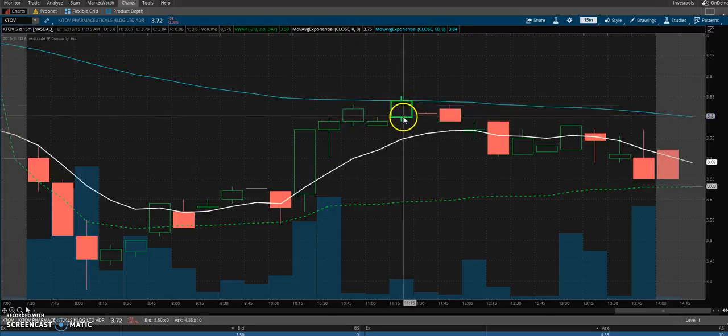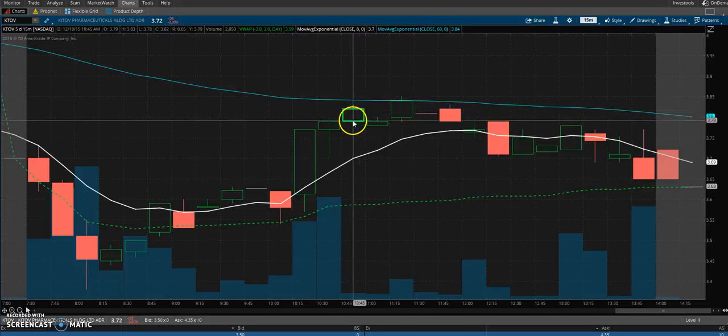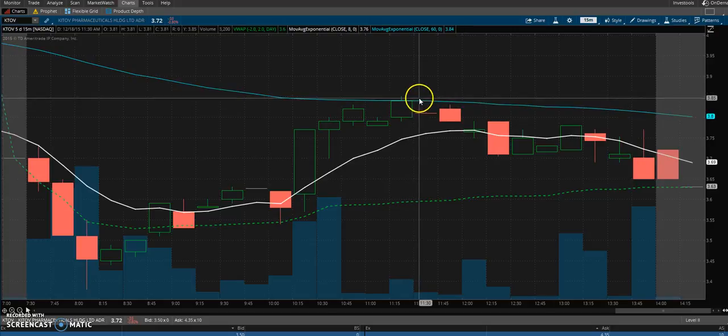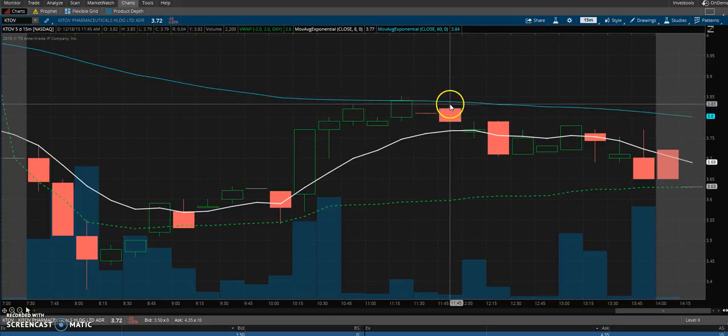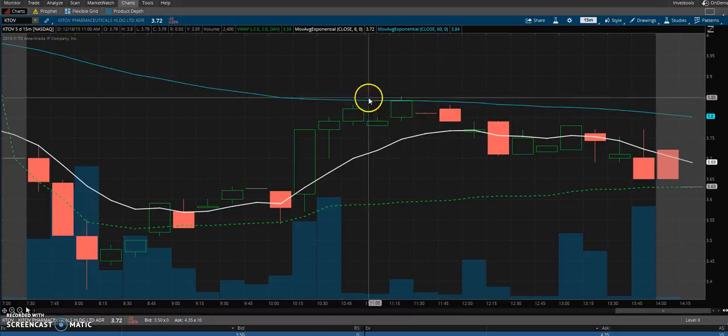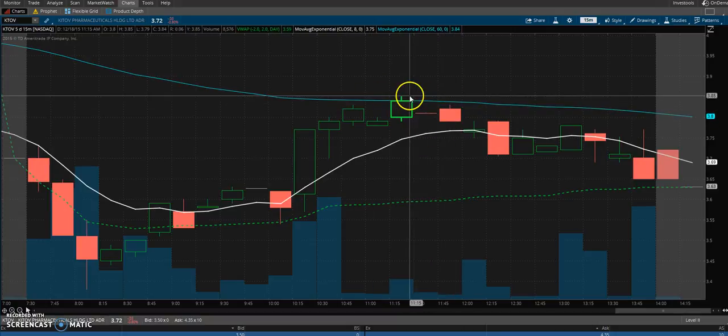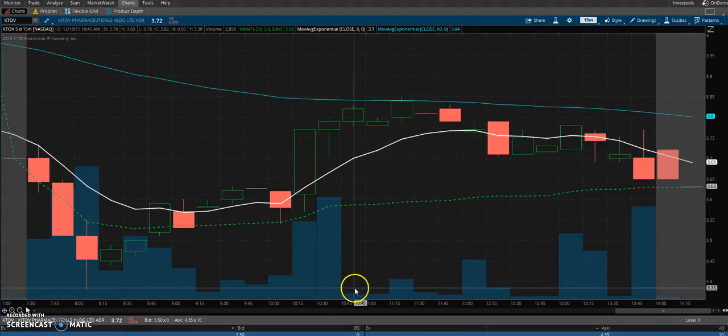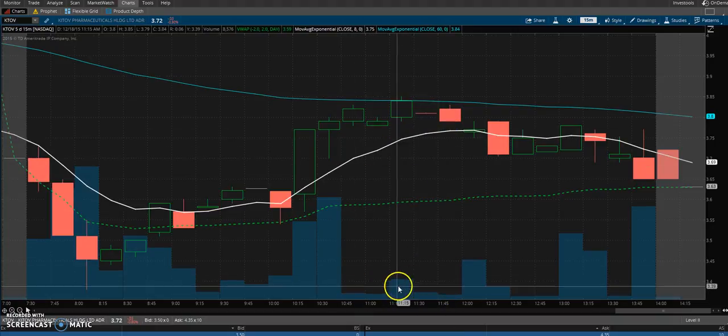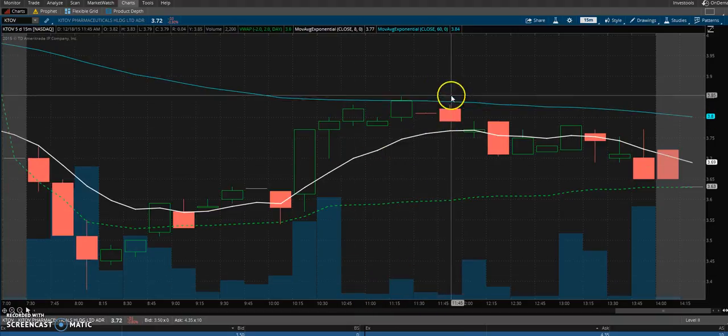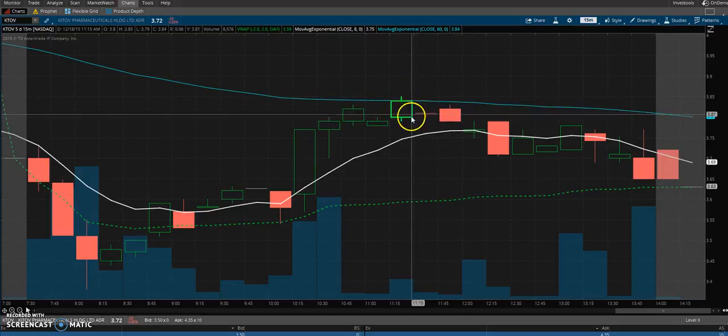On these 15-minute candles, it just cannot break above this 60 EMA. That, coupled with it being a Friday, would probably be a good spot to sell, especially with the low volume, not getting enough effort to push through that 60 EMA.